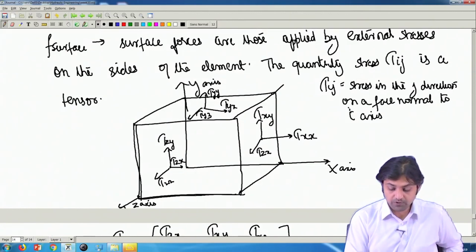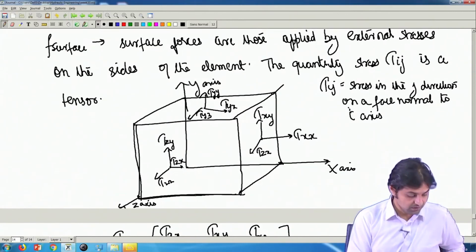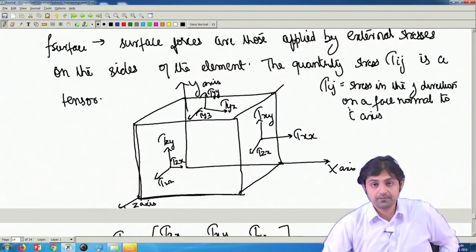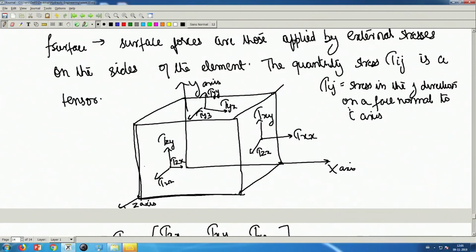So if you see, tau xx is acting in the x direction, also tau yx is acting in the x direction, and tau zx is also acting in this direction, multiplied by the corresponding areas. So tau xx acts on an area of dy dz, tau yx acts on an area of dx dz, and tau zx is acting on the area of dx dy.